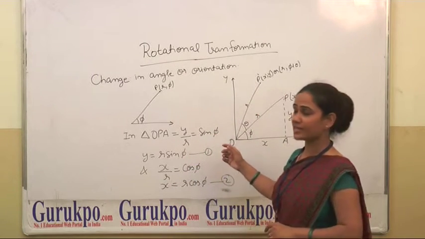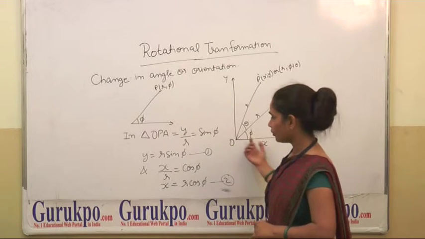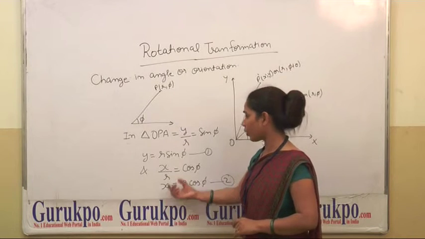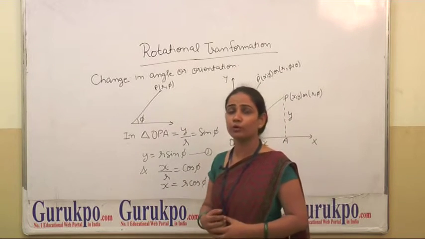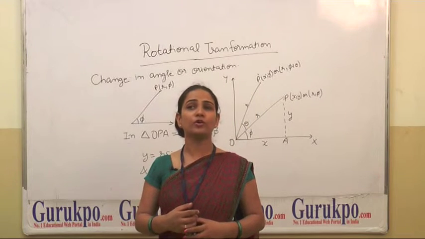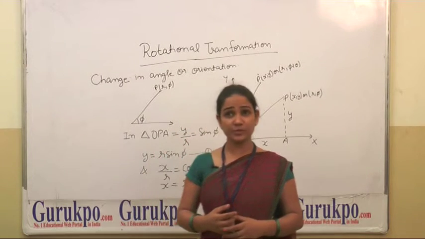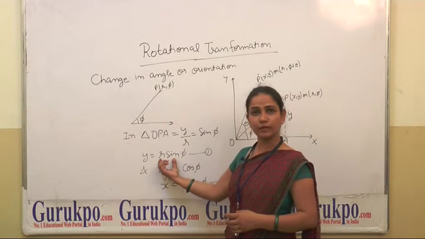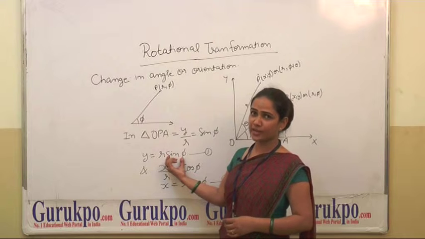We have here base as X, so cos phi will be equal to X upon R. So from both these equations we get the value of X and Y in polar coordinate form. X will be equal to R cos phi, Y will be equal to R sin phi.